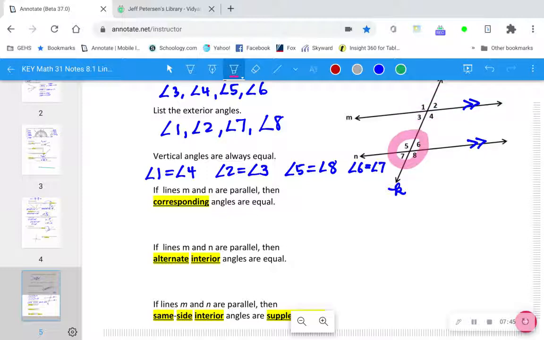And that corresponds to the top right angle from the other one, angle 6. So angle 2 and angle 6 are in the top right corner of their respective intersections. If this were north, south, east, and west, it's a little bit like the northeast corner of the intersection, okay? And those will be equal to each other. So angle 2 is going to be equal to angle 6.